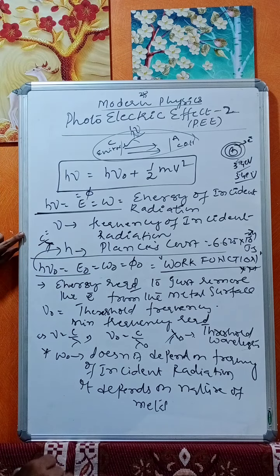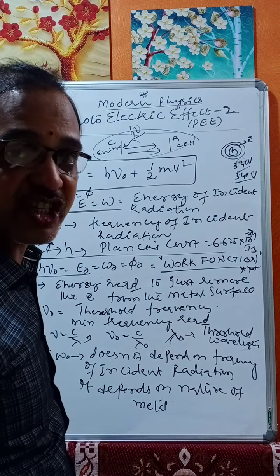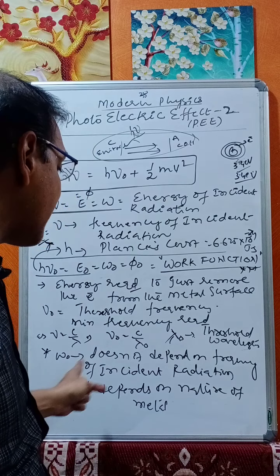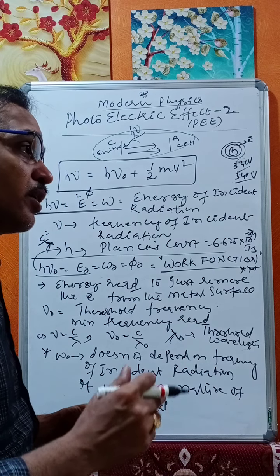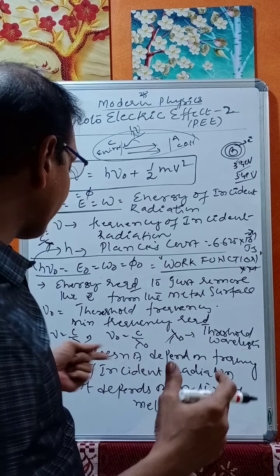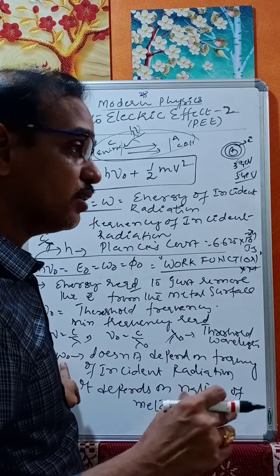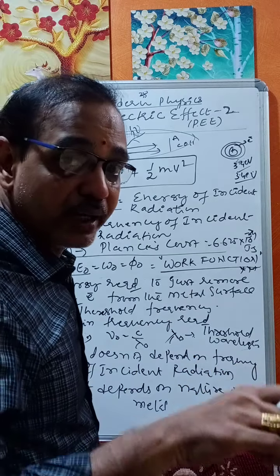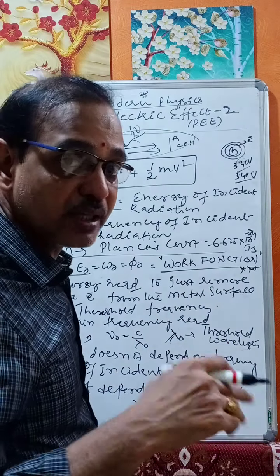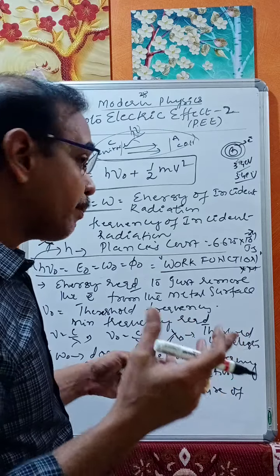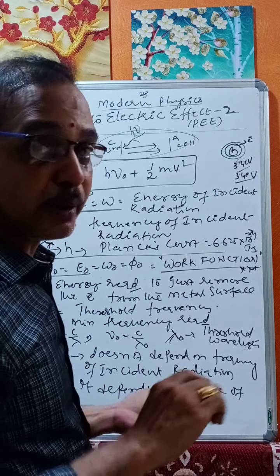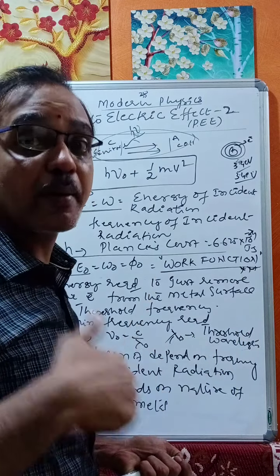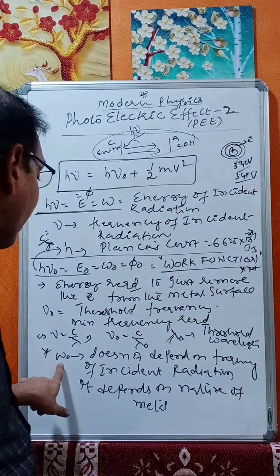This work function does not depend on the frequency of incident radiation. It depends on the nature of the metal, because if you take sodium, the work function may be some x. If you take aluminium, it will be some y. If you take potassium, it will be some z. Therefore, it depends on the metal. For one metal it may be x, another metal y, another metal z. So that is constant for that metal surface.